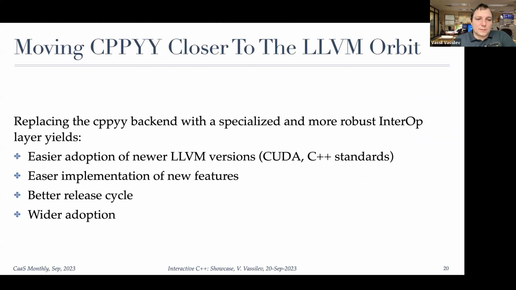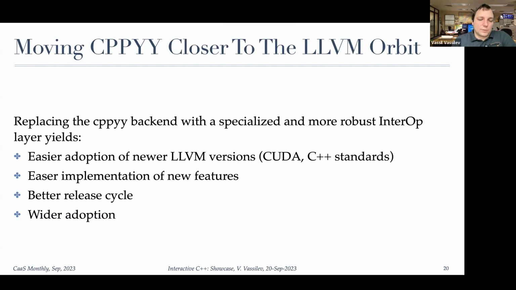So one of them is easier adoption of new LLVM versions, meaning that we don't need to wait for 1 year or 1 month to get a new LLVM version. That allows us to get CUDA standards or C++ standards quickly, so that we can do proper mapping of the relevant C++ or CUDA or any other supported language entities.